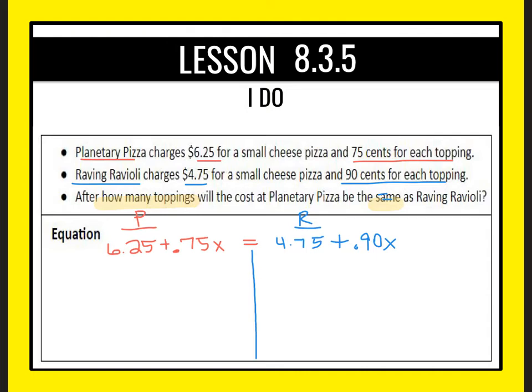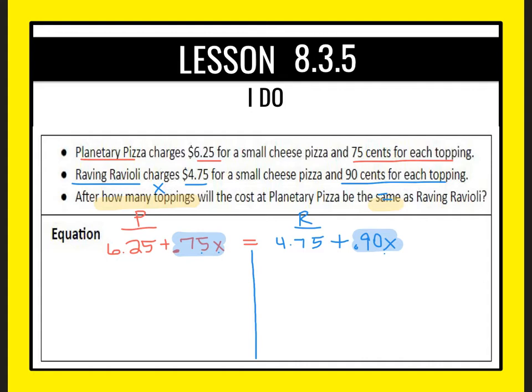Your first step is going to be to move anything with that variable of x over to one side. And I want to show you that it doesn't matter if I go left to right or right to left. I always like to move my smaller value, and I can see here that 75 cents times x is less than 90 cents times x. And I'm going to highlight this because you must keep all like terms together. Okay? So 75 cents x and 90 cents x is where I'm going to focus first.